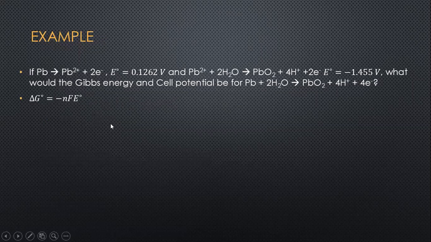So looking at this, if lead goes to lead 2 plus plus 2 electrons, and that is that cell potential, and lead 2 plus plus water goes to lead oxide plus 4 hydrogens plus 2 electrons, what would the Gibbs energy and cell potential be for this reaction?